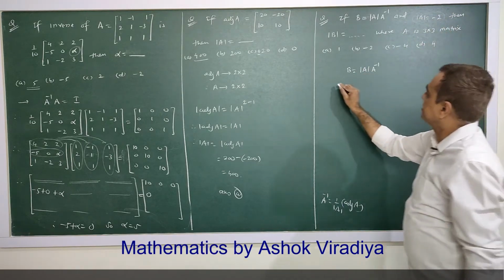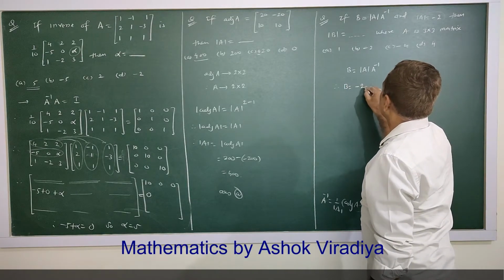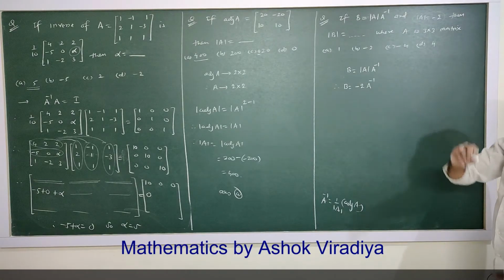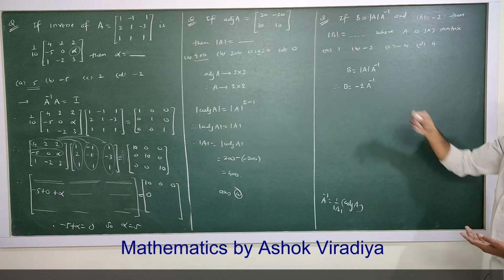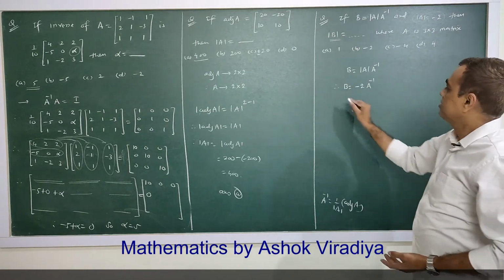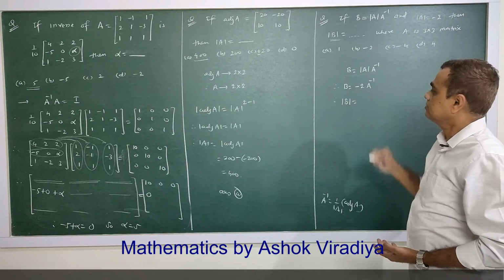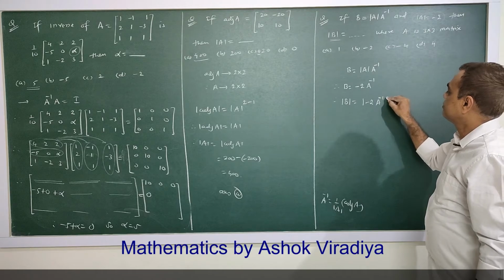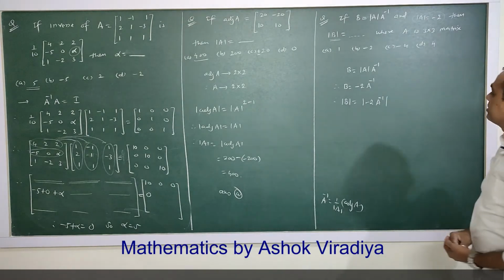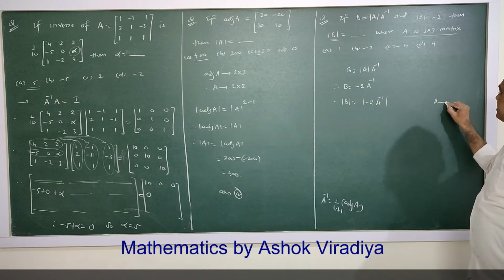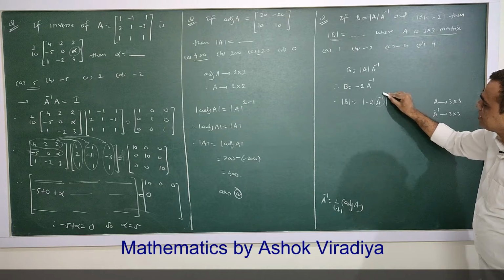Now putting this value here, B is -2 into inverse of A. We want determinant of B. So matrix B is the matrix of -2 into inverse of A. Now look, A is a 3 by 3 matrix, so its inverse will also be a 3 by 3 matrix. So this is a 3 by 3 matrix.